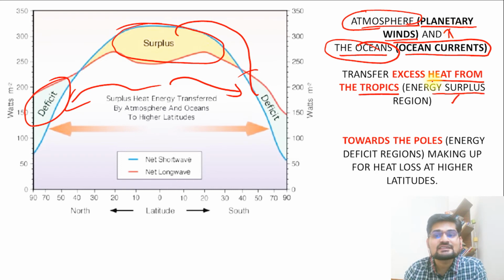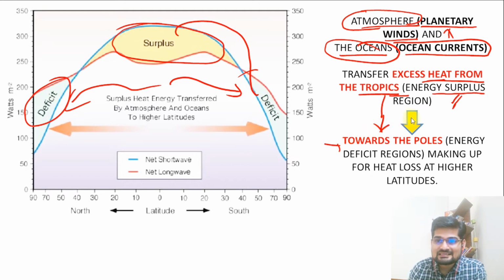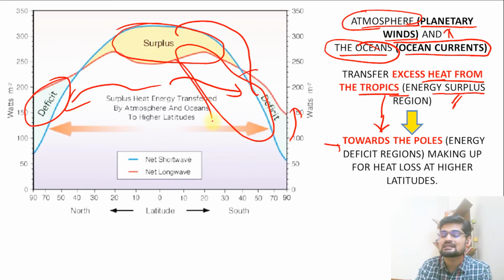So the transfer of this excess heat from the tropics, and tropics are what? The surplus energy region, goes towards the pole, and it is important that there is this direction of flow here. So when it moves towards the pole, what happens? This deficit is overcome, and then there is a steady state, an equilibrium created, or a kind of coexistence.